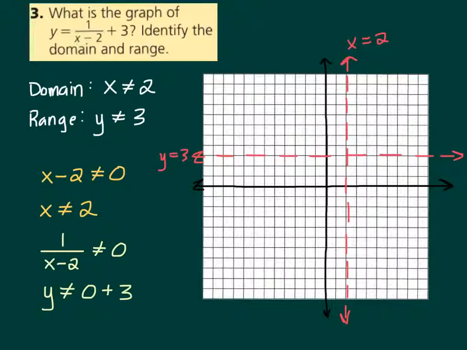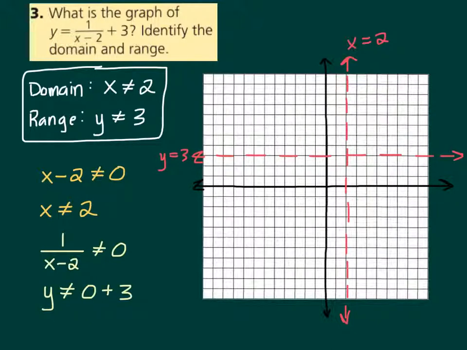And we have to remember that I'm drawing those as dashed lines because they are not part of the graph, but they will help us shape the graph. So the domain and range, it cannot be those values, but those values are important to the graph. From there, we just want to plot some points and see what's going on. What is this going to look like from there?